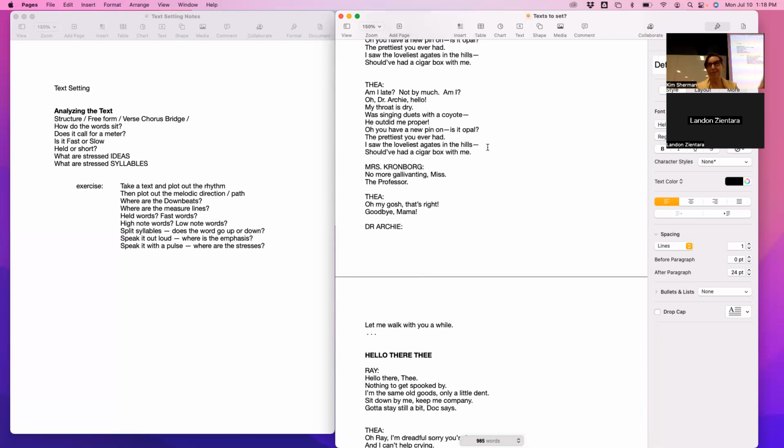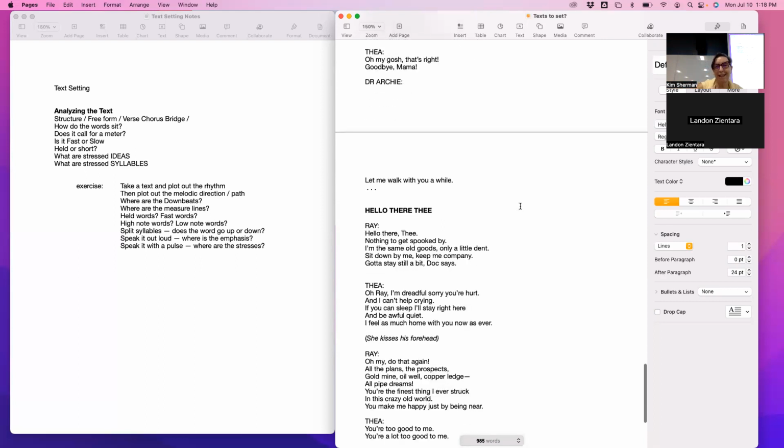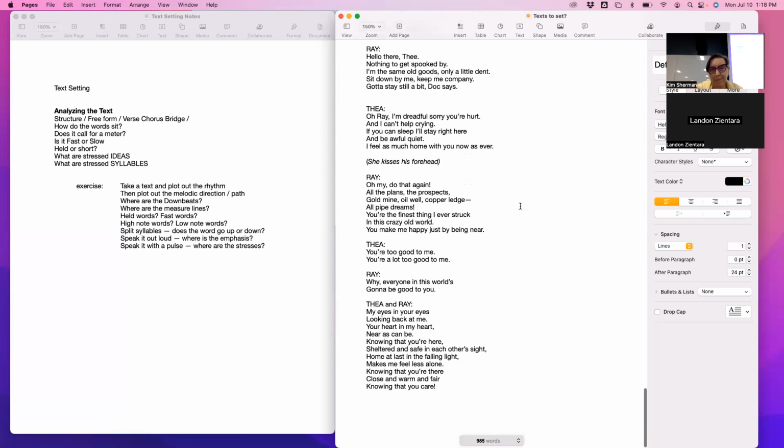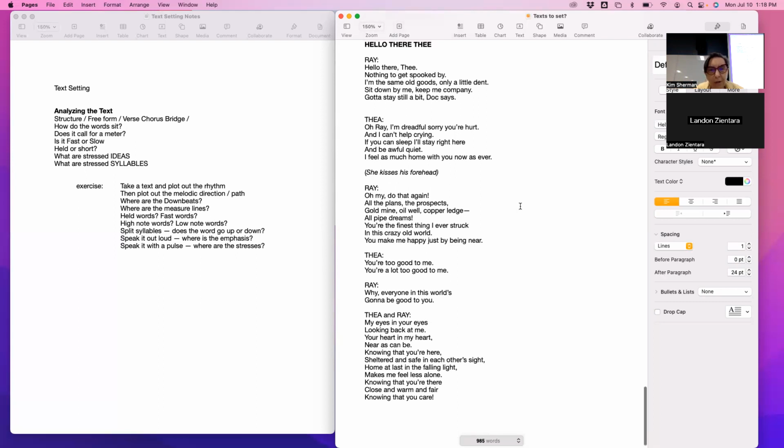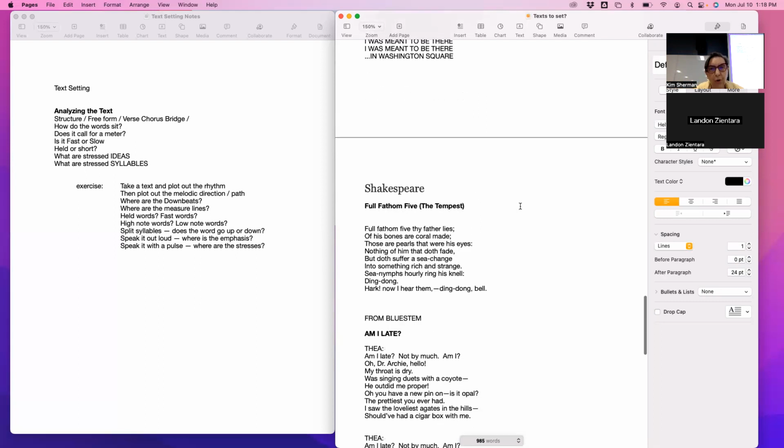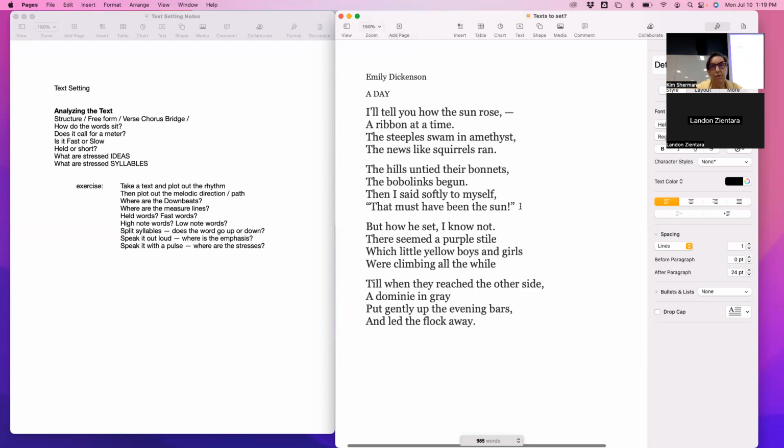So there's sort of a freely, but how do we set that? Let's see, it's 118. I want us to now kind of plot out text setting.